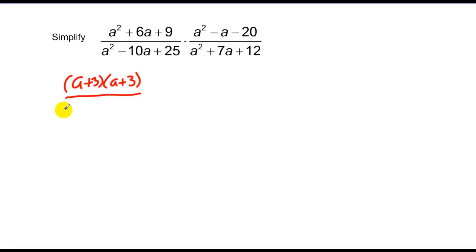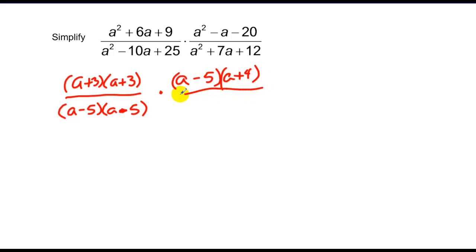In the denominator, I have a minus 5 times a minus 5, multiplied by a minus 5 times a plus 4, and finally a plus 3 and a plus 4. Now I can reduce any common factor top to bottom or diagonally, but nothing straight side to side.